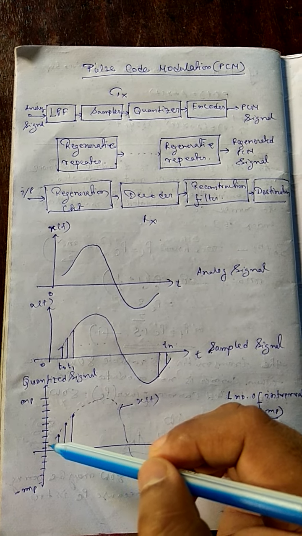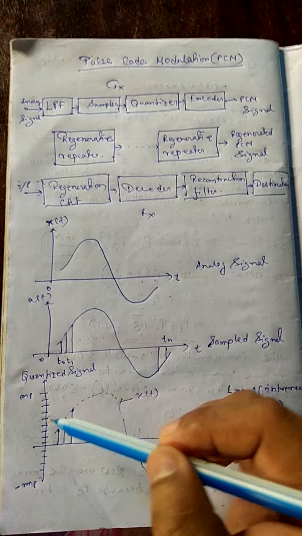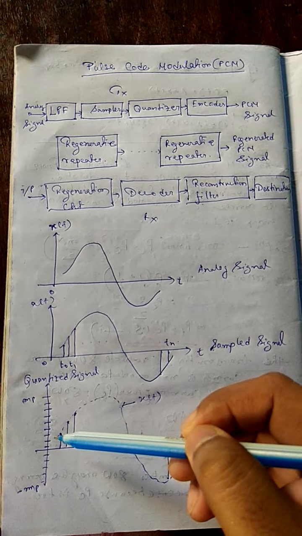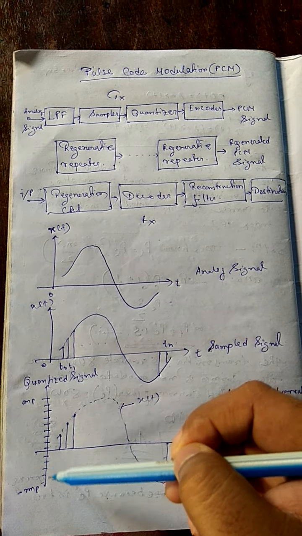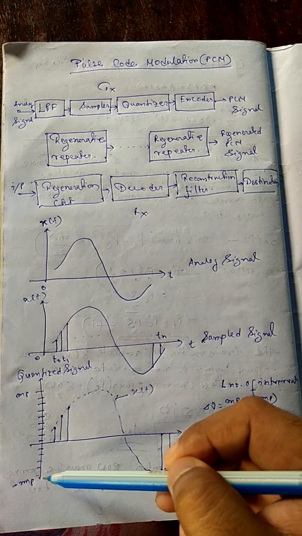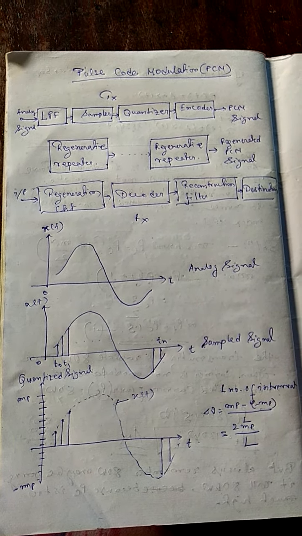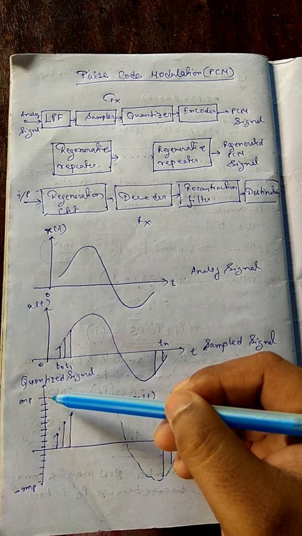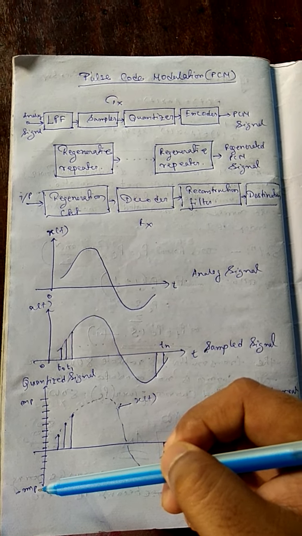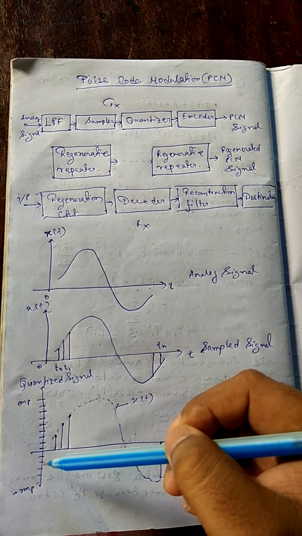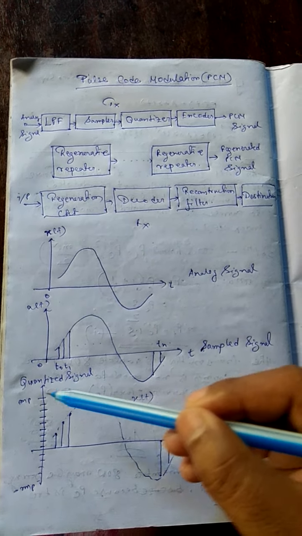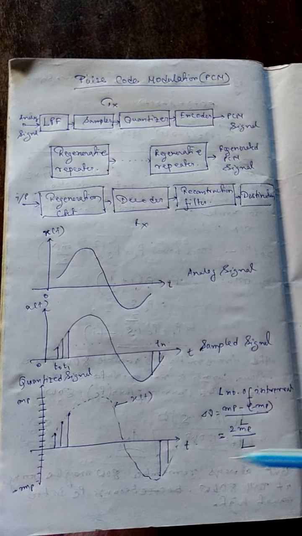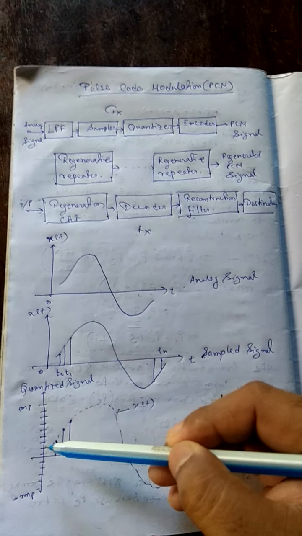Now we sample along the y-axis; the word sample is not quite suitable here, but we say sample along the y-axis. Suppose from here to here there are L intervals, with a maximum limit of MP and a minimum limit of minus MP. If each interval is del V, then del V equals MP minus minus MP, divided by L, which is 2 MP by L. This del V is the size of one interval.